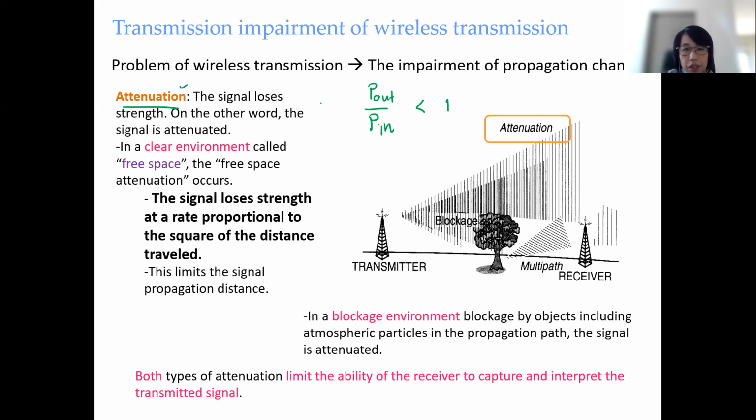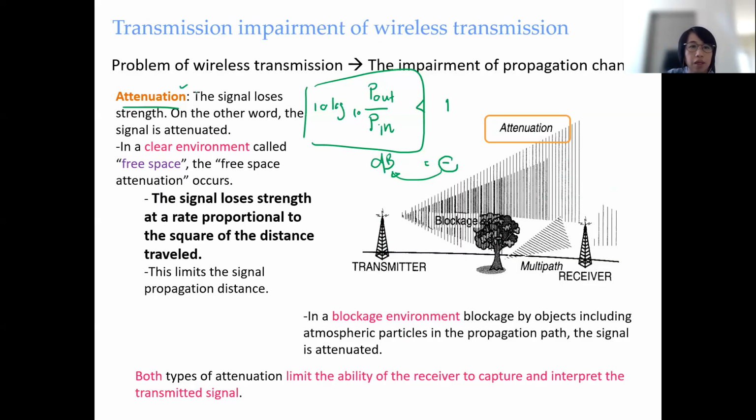Then if you take a log, you can represent it in dB. So in this case, if P out is less than P in, the value of the calculation will be negative in the unit of dB. This means the power at the receiver, or P out of the system, is smaller than the transmitting power. This is a fact, we cannot avoid that.